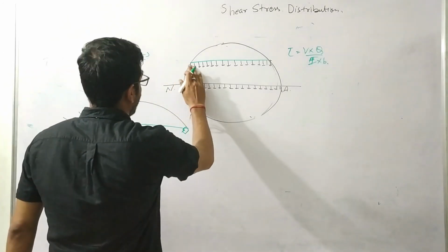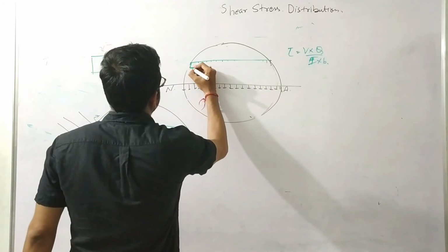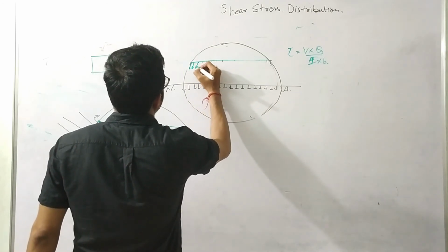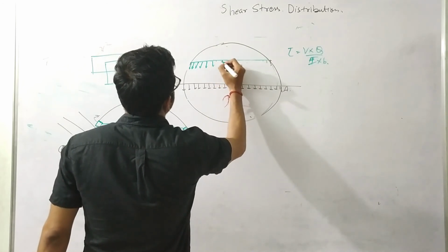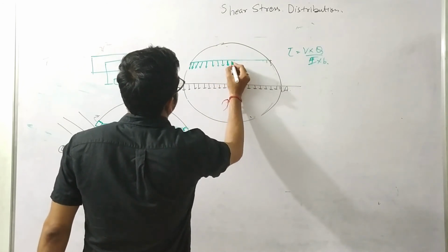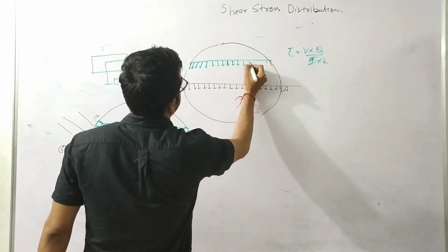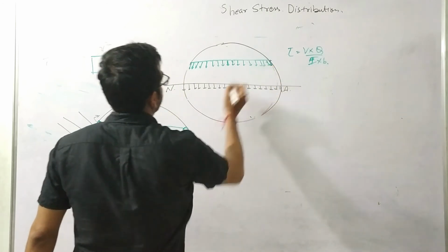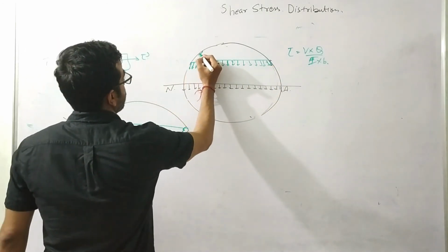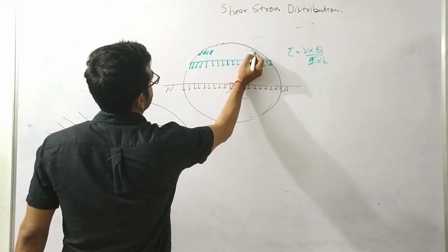So our actual shear stress distribution at this point will have a little bit of inclination, which will be perpendicular at the center. So at this point I will be having the stresses a little bit inclined.